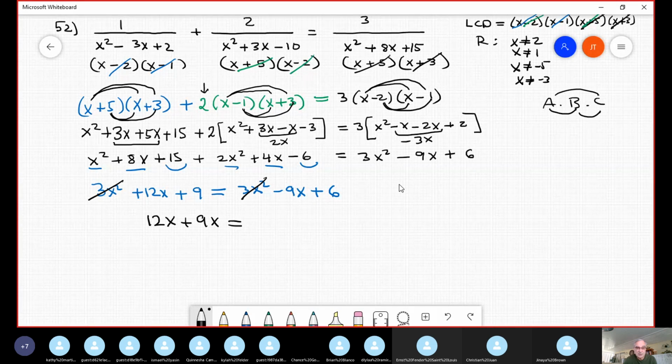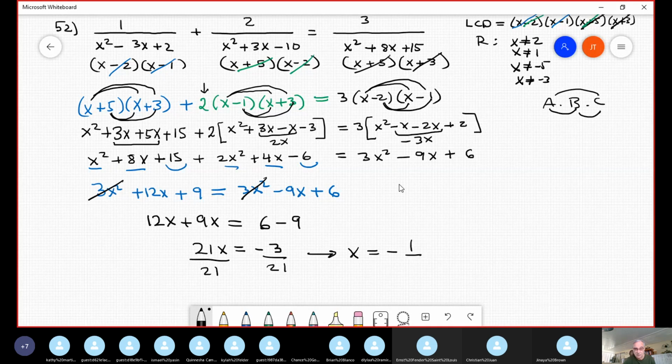And the right-hand side stays 6 minus 9. Then we combine like terms: 12 plus 9 is 21, 21x. And this is minus 3. Divided by 21 both sides. x is equal, and reduce to lowest terms dividing by 3, is minus 1 over 7.